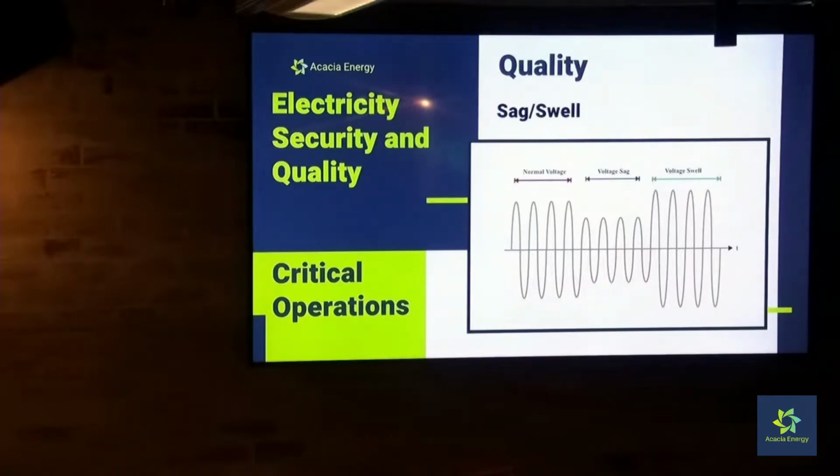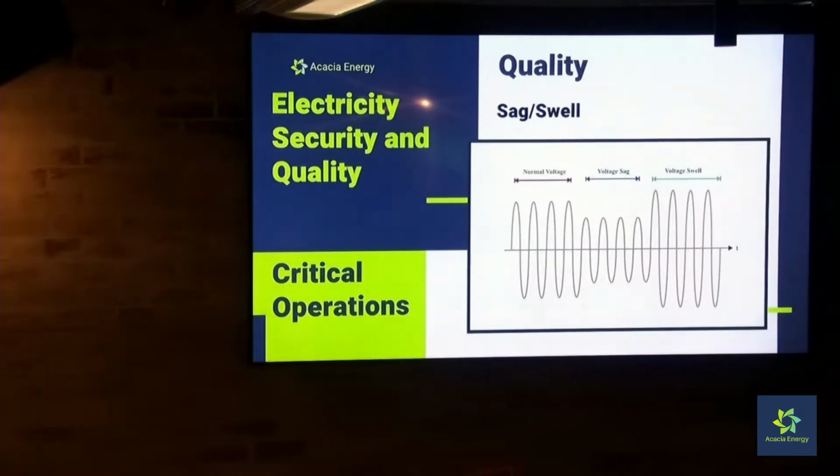In the middle there, we've got a momentary sag. These sags last somewhere between typically a couple of milliseconds up to several seconds. And on the right-hand side, we see voltage swells. Unlike your harmonics, most of these issues are actually caused on the network, external to you, and especially on overhead networks.